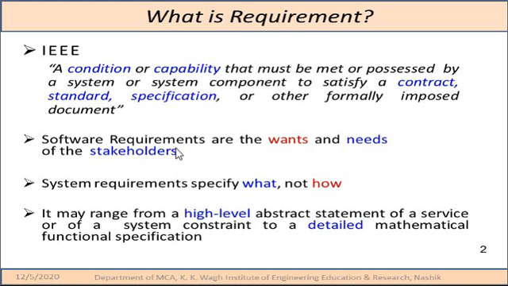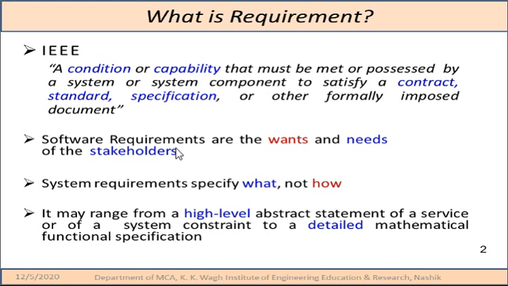As I already said, for identifying the system requirement thoroughly, we should concentrate on the stakeholders' expectations, and for meeting those expectations, as we have seen in the definition, we have to provide the service through the system.